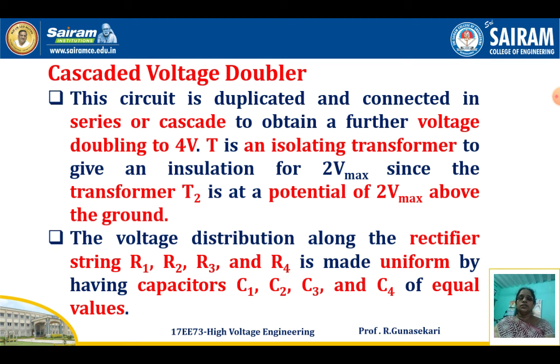The voltage distribution along the rectifier string, that is R1, R2, R3, R4, is made uniform by having the capacitors C1, C2, C3 and C4 also of equal values. That means the four capacitors C1 to C4 are designed with equal values, and then the rectifier string R1 to R4 is made uniform.